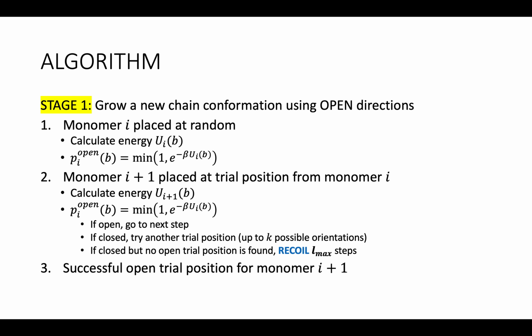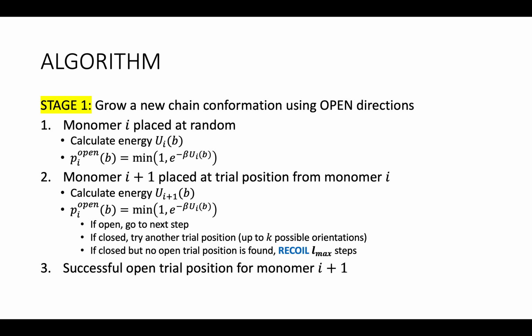But if it turns out to be closed, then we will try another trial position. And remember, we just have up to K possible orientations, so there's a chance of having no open trial positions among the K possible configurations. In this case, we would just proceed to the recoil step, and you can imagine how this is basically the essence of the whole algorithm.